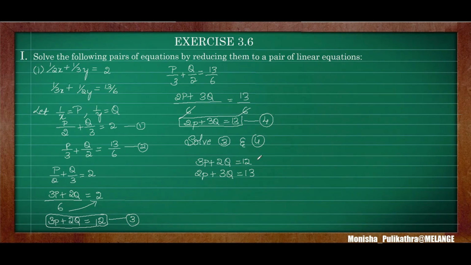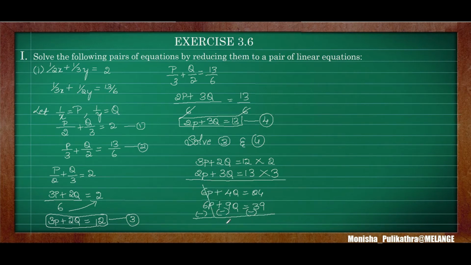So I will be multiplying equation 3 by 2 and equation 4 by 3. 2 3s are 6p plus 2 2s are 4q is equal to 2 into 12, 12 2s are 24. Next, 3 2s are 6p plus 3 3s are 9q is equal to 13 3s are 39. Here the p term became similar. So at this stage we can cancel one term and find the other term.